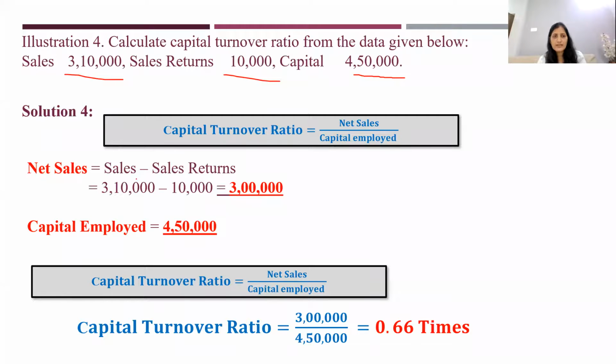Net sales is equal to sales minus sales returns, that is 3 lakh 10,000 minus 10,000, you will get 3 lakhs. Capital employed is directly given, 4 lakh 50,000. So net sales is 3 lakhs, capital employed is 4 lakh 50,000. You will get 0.66 times. This is the capital turnover ratio.